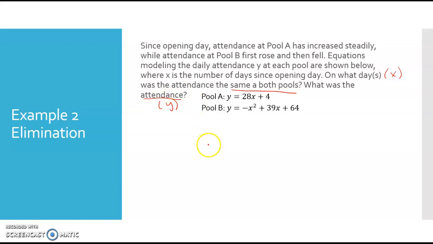Now to use the elimination, remember that if we're wanting to do any factoring, or actually any of our methods of solving a quadratic, we need to have it set equal to 0. So where we have these both being Y is what we would want to get rid of. Partly because, and I'm going to rewrite this, I'm going to write it with Pool B up above.